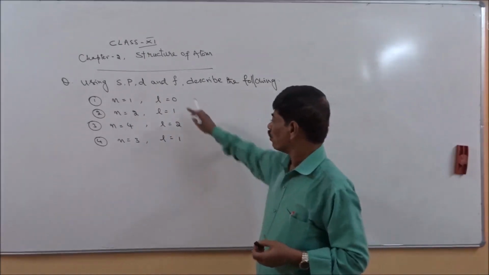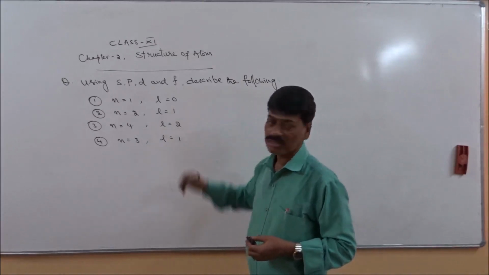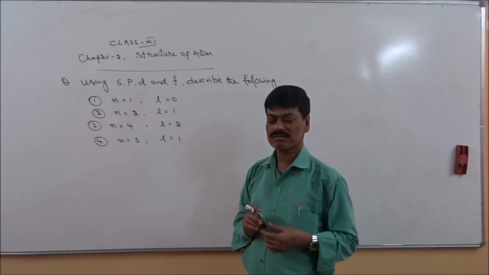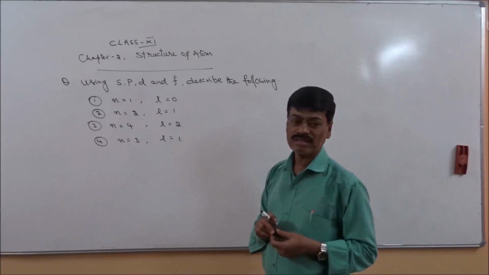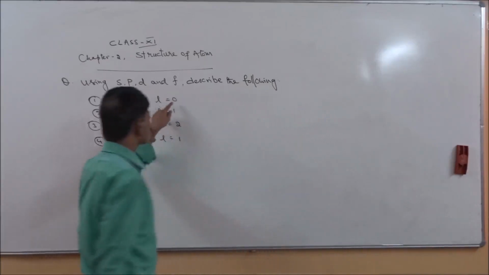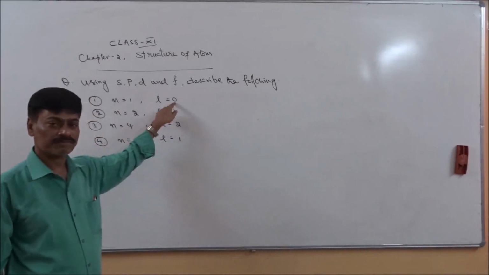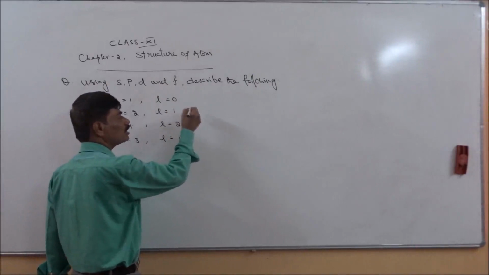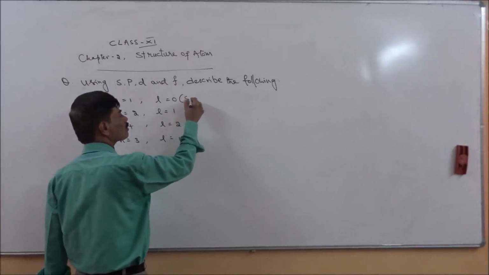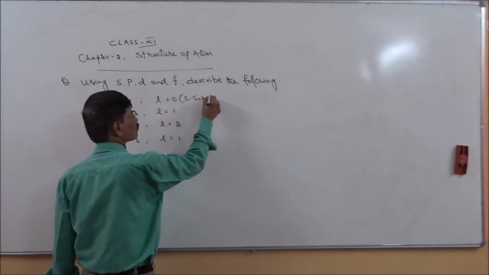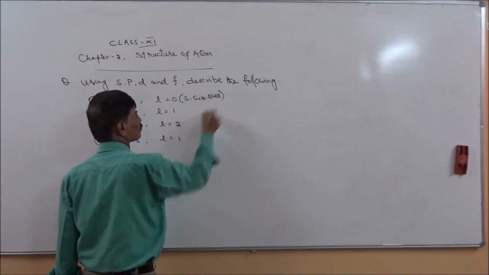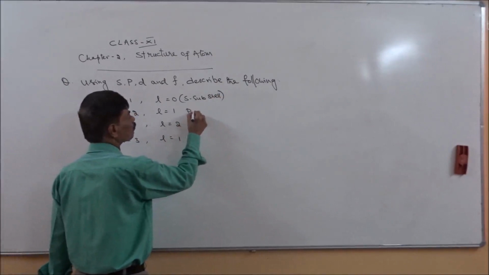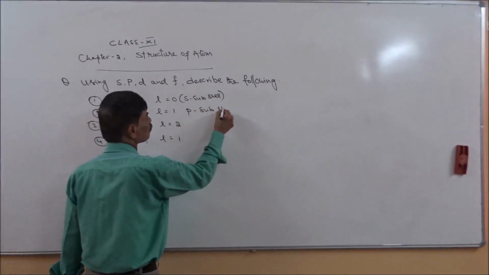Now, in place of these values, if we know the notations, then we can write easily. For L is equal to 0, we write the notation S, S subshell. First subshell means P subshell.